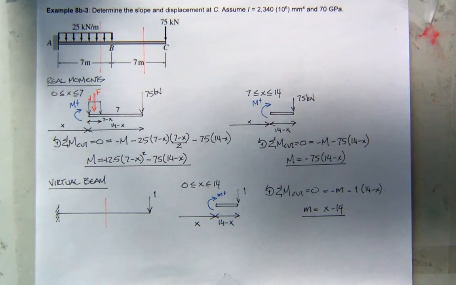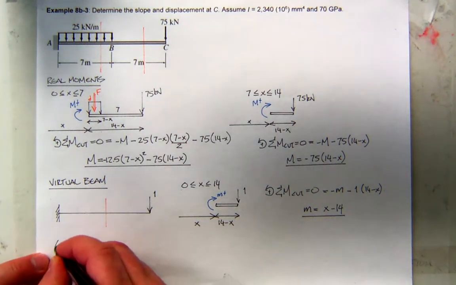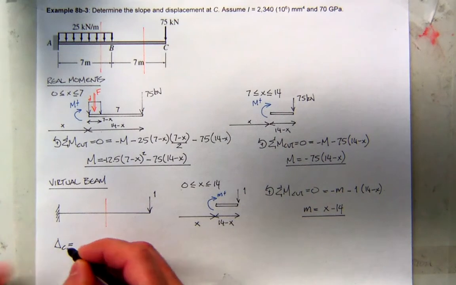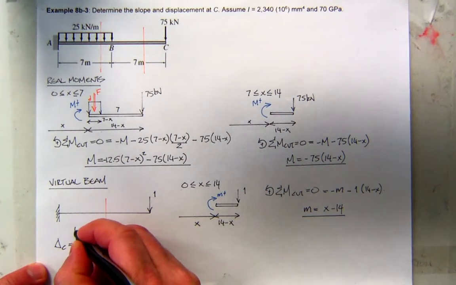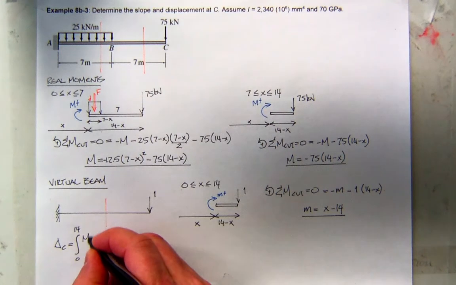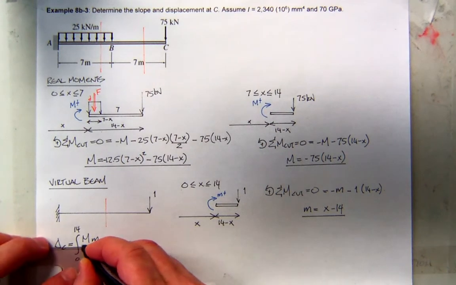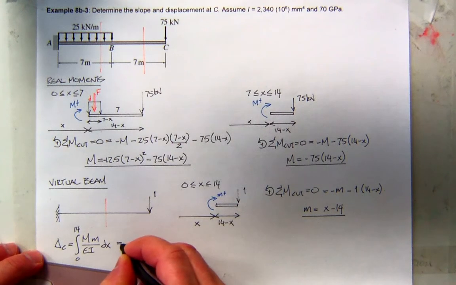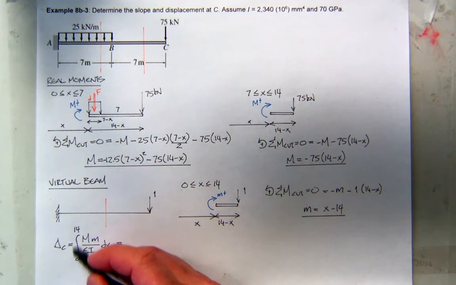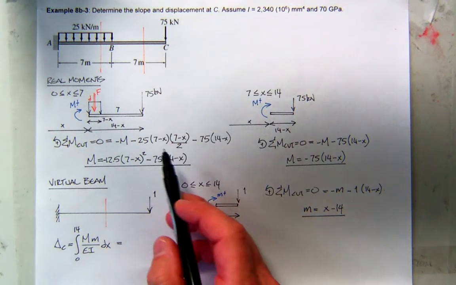So how do I find the displacement at C? I'm going to integrate from 0 to 14, the length of the beam, the real moment times the virtual moment over EI. Can I integrate the whole length? No, because the real moment changes.